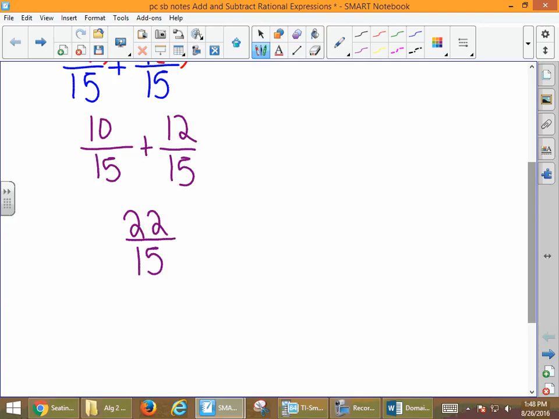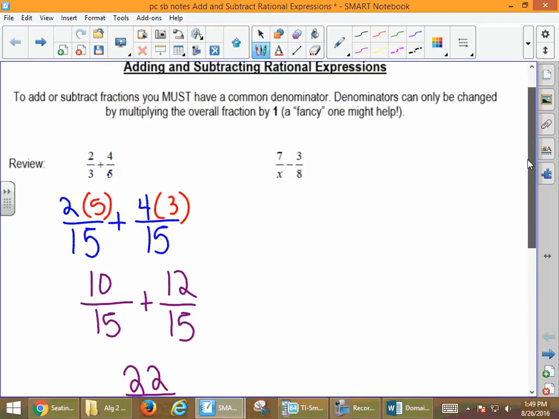And I'm fine with 22 15ths. You don't have to change this to 1 and 8 15ths. But I know how to do that, but that's not my concern there. So notice we added the numerator, we left the denominator alone. We didn't do anything to the denominator once we determined the common denominator.